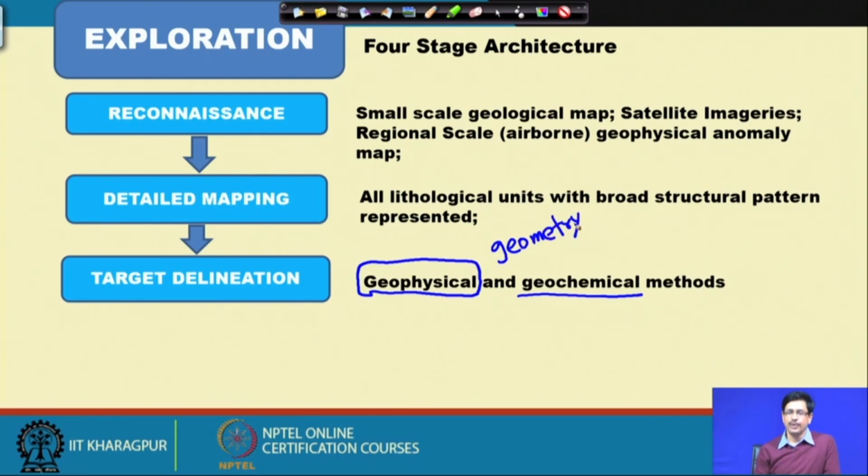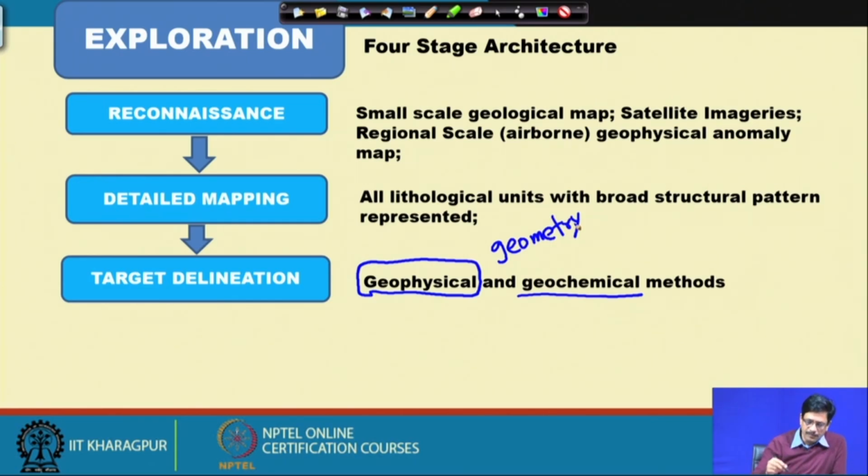The geometry of the ore body will be extremely important for us to understand. Geochemical exercise is also carried out on the surface, but the interpretations of the geochemical methods would be far reaching and would not just be based on what we see on the surface, because they are the manifestation or the reflection of the presence of an ore body below.